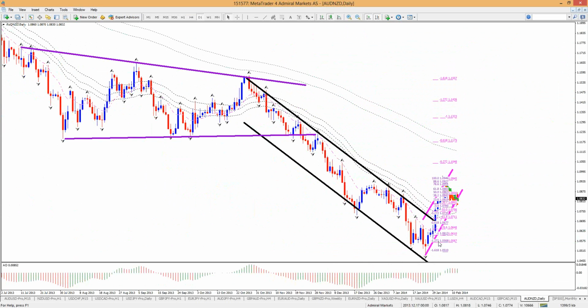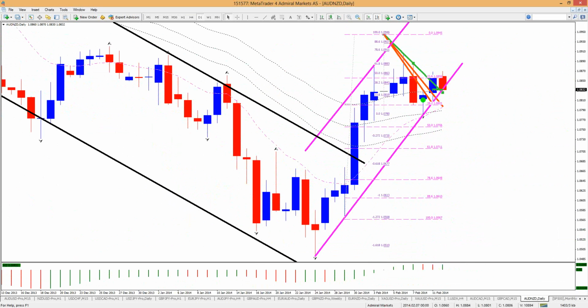Price action was pretty bullish on the Aussie New Zealand, with a pin bar here and a bullish candle.